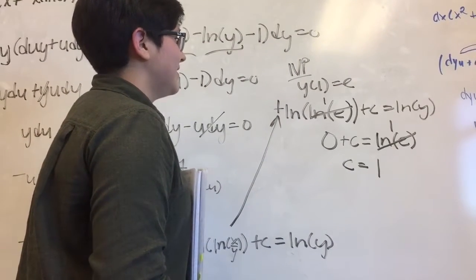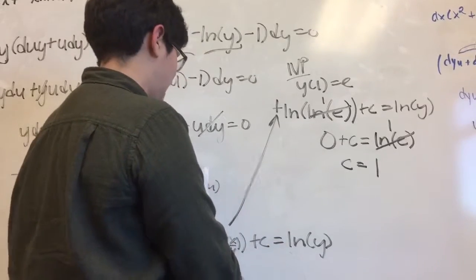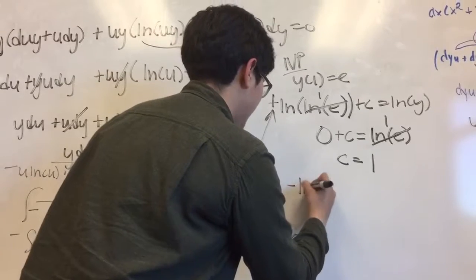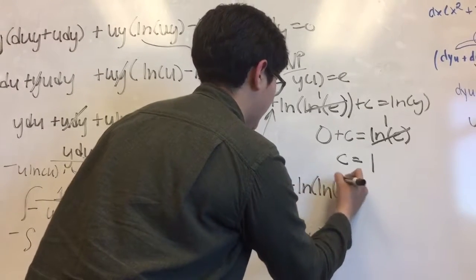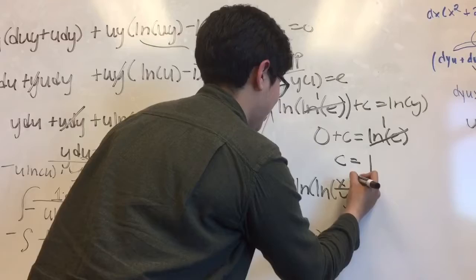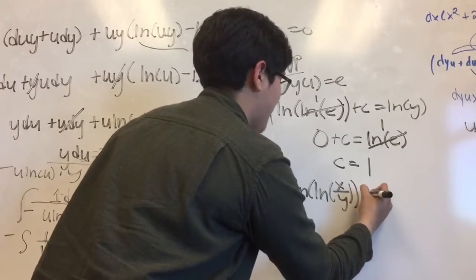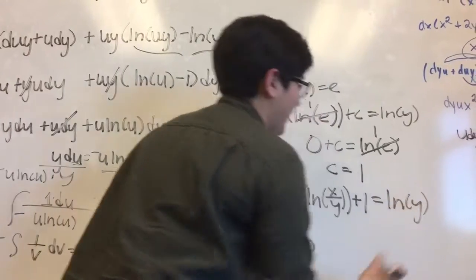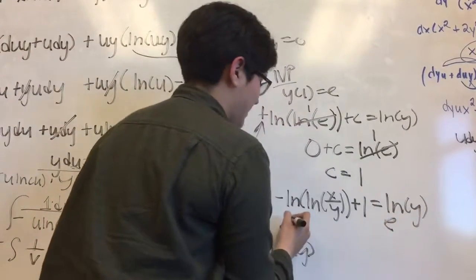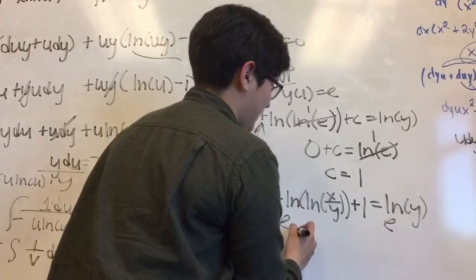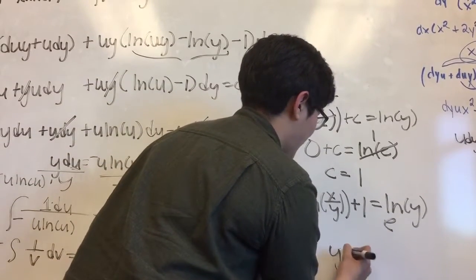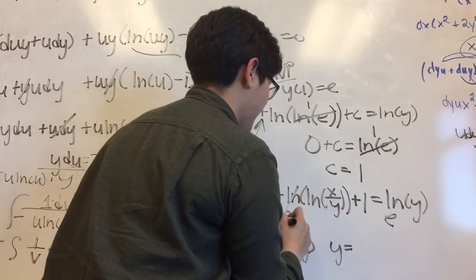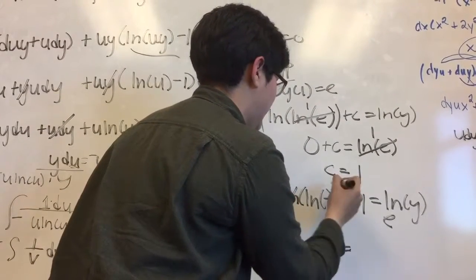Great. So now we want to plug back in here. So we have that negative natural log of x over y, that's ugly, plus 1 is equal to natural log of y. And then you can do e to the, and you can get that y is equal to, these cancel, and you can move the negative exponent up here.